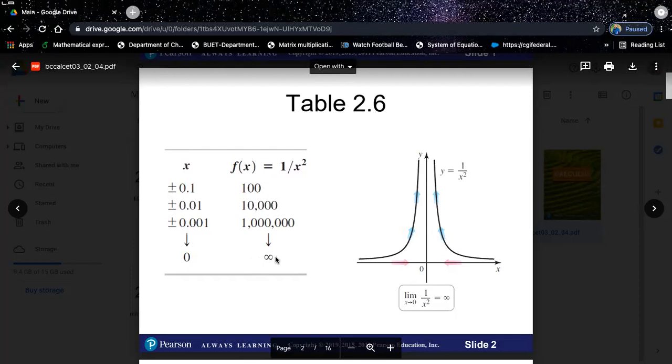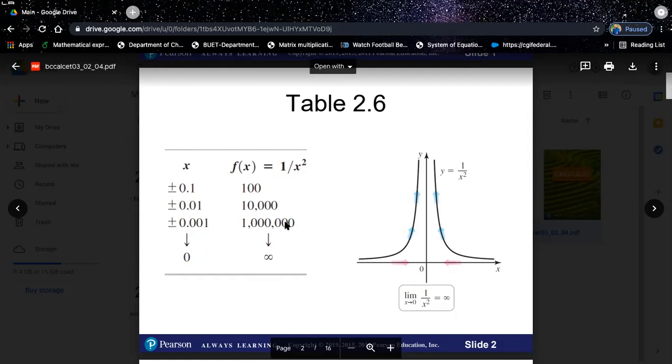Do you agree? Don't look at the graph. Just try to use this calculation. If you have any doubts, you can try 0.0000001, and you will see your calculator won't be able to hold the functional value.